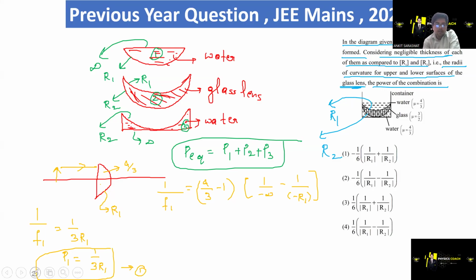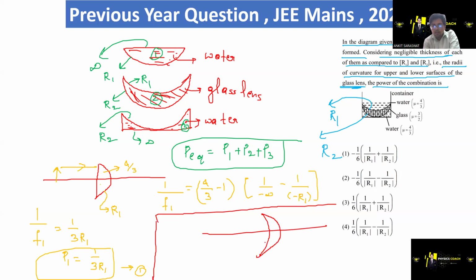This is for the first lens. Now the next lens is this. Like this. This is R1, this is R2. This is our glass.